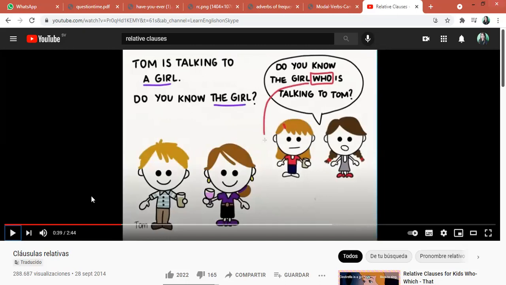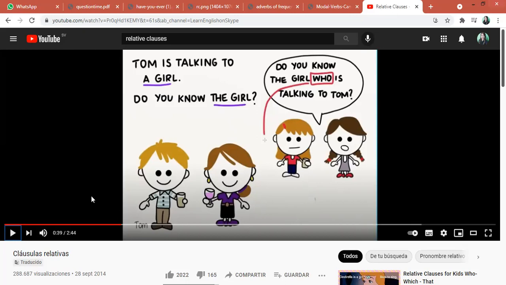Okay, look at this example. It says, Tom is talking to a girl. Do you know the girl? Instead of saying girl again, here we add a relative pronoun or a relative clause, okay?